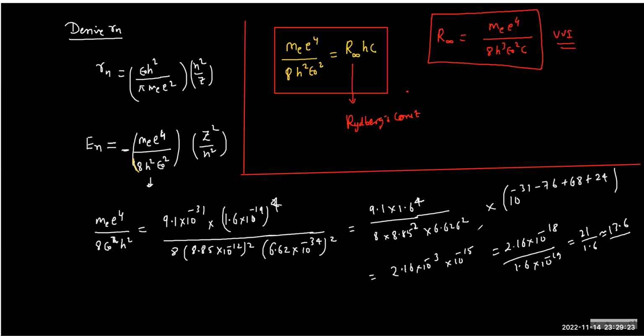So this is the Rydberg's formula: me^4 upon 8h cube epsilon naught square. It's very easy to calculate because the left hand side is minus 13.6 eV, and HC is, if you remember, 1240 eV nanometer.